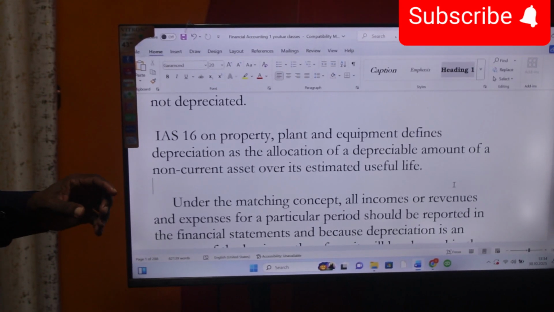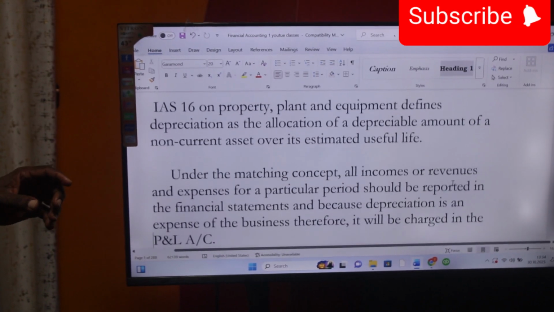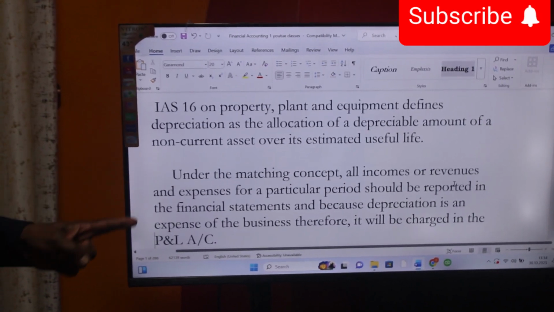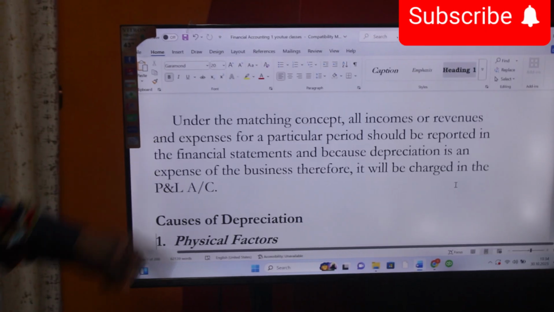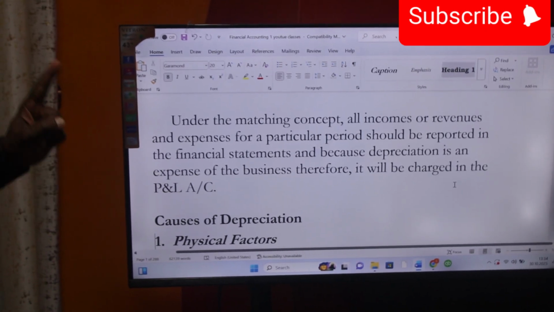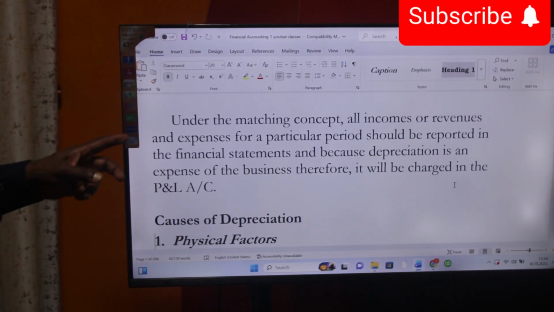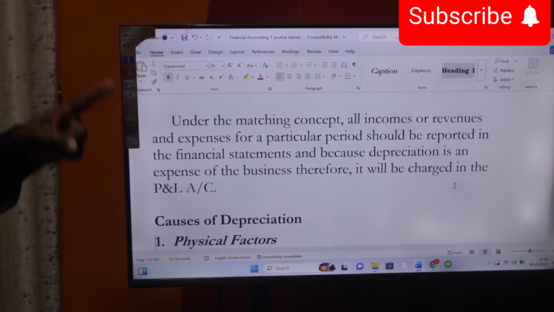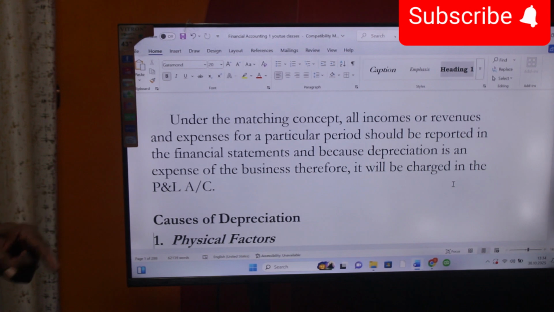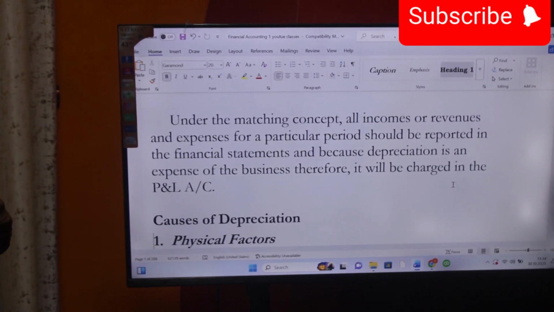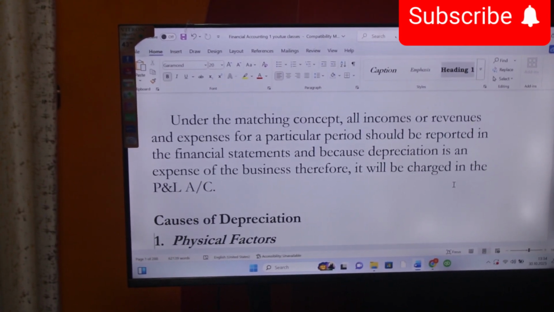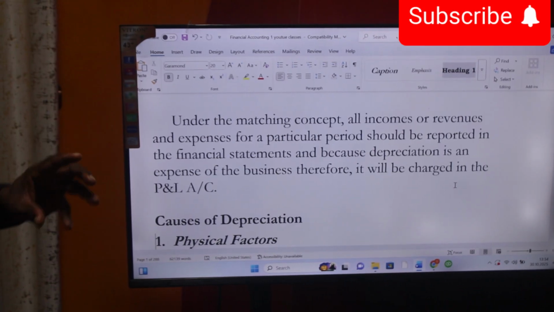Under the matching concept, all incomes or revenues and expenses for a particular period should be reported in the financial statements. Because depreciation is an expense of the business, it will be charged in the income statement, the profit and loss account.